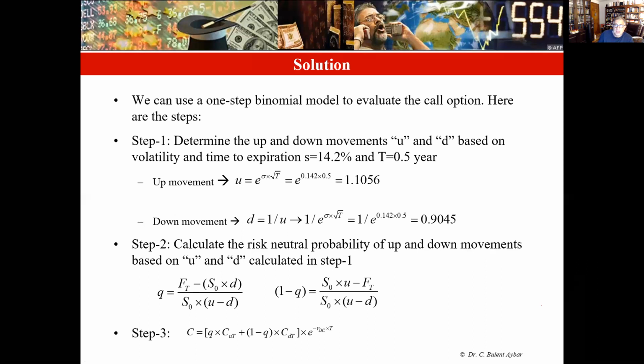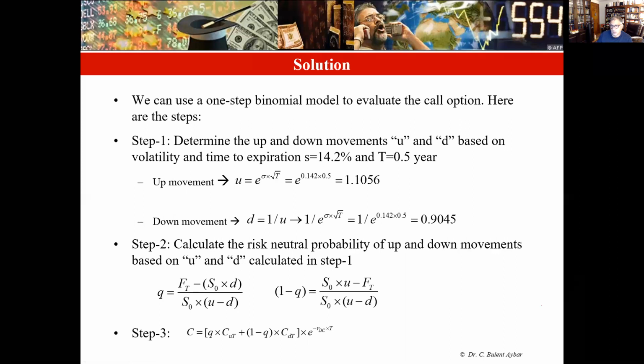In the binomial model, we assume that the spot price can go up a certain amount and go down a certain amount. How much the spot price can go up or down is determined by the volatility and the time frame. So given a particular time frame, we can calculate the up movement and the down movement.